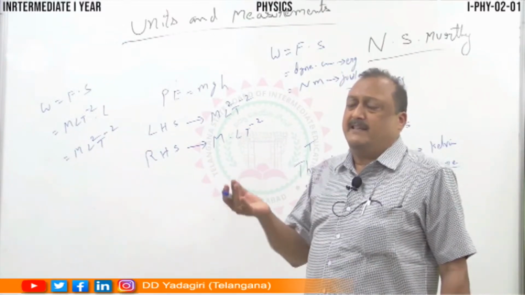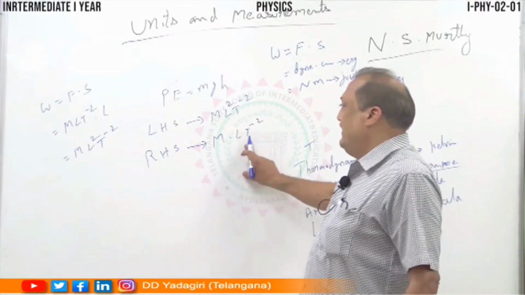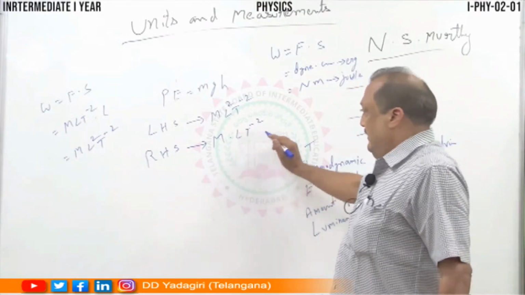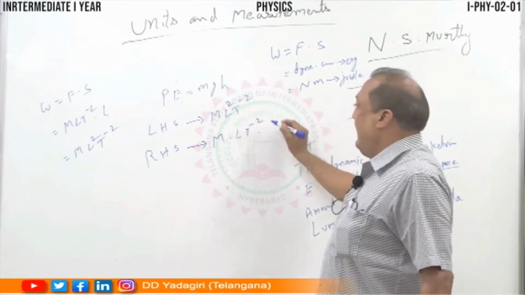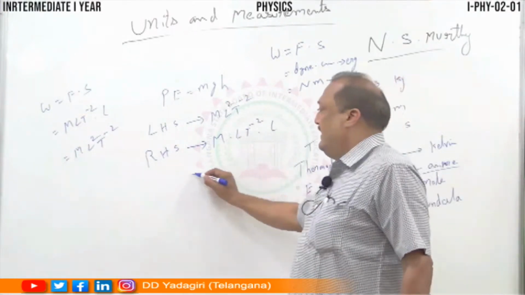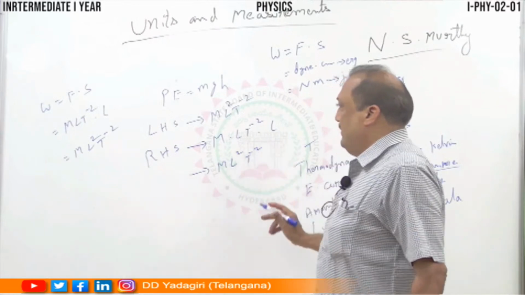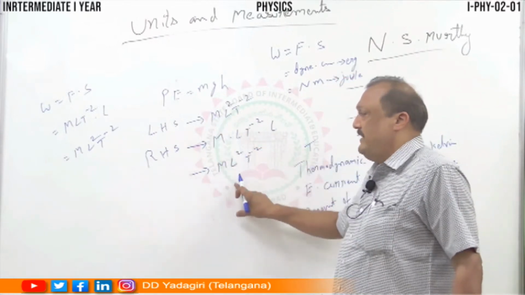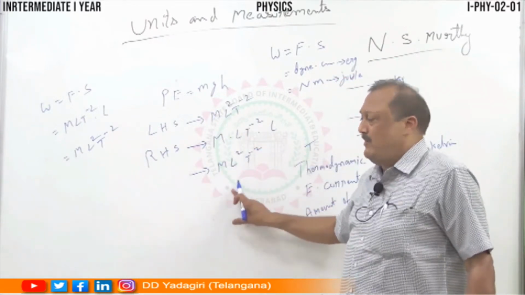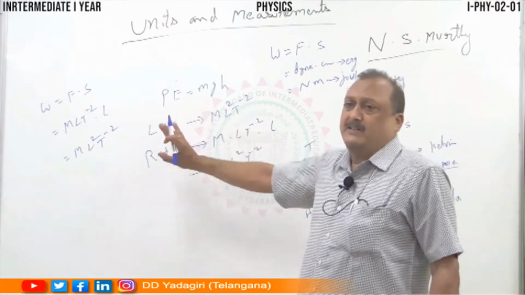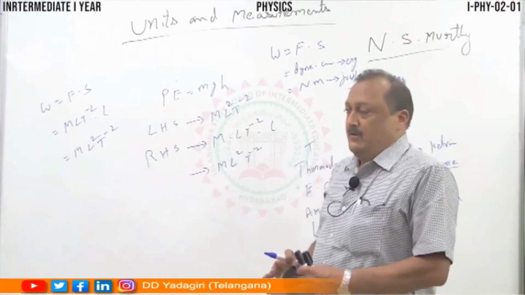So acceleration is displacement by time square, then we get L T minus 2. Into height, the height dimension formula is L, that equals M L square T minus 2. So the left hand side dimension formula is equal to the right hand side dimension formula, so the given equation is dimensionally correct.